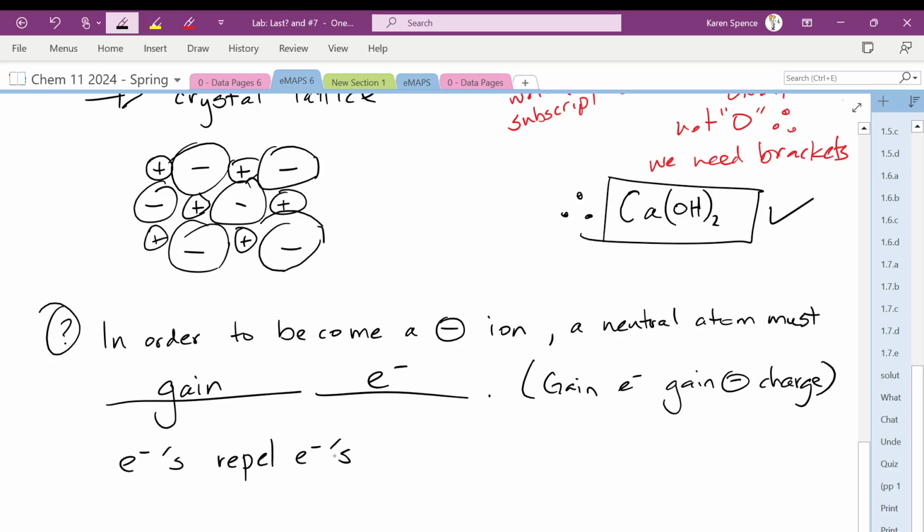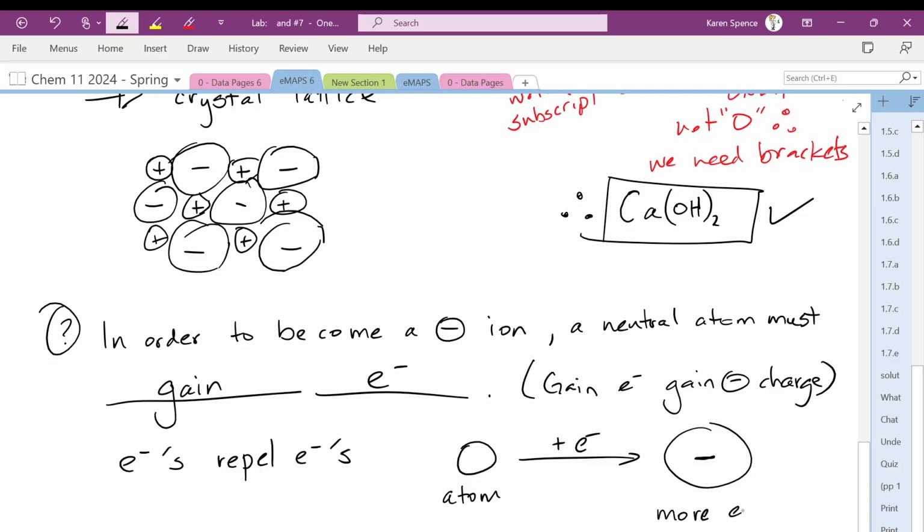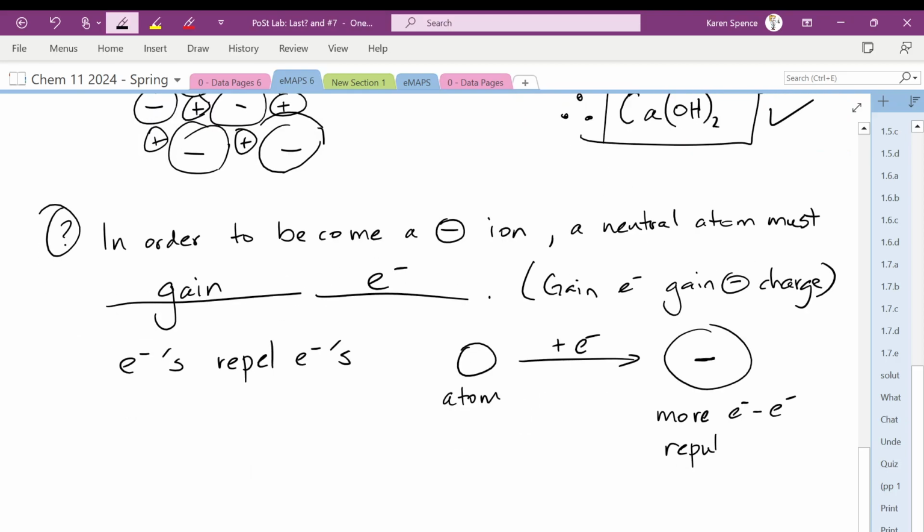As we go from atom to ion, we're going to get bigger because there's more electron repulsion. So the anion is bigger. We're going to learn all of chemistry 11 just today, just by doing this lab.